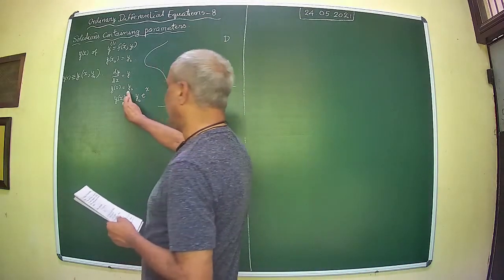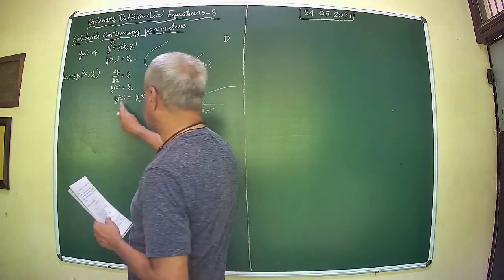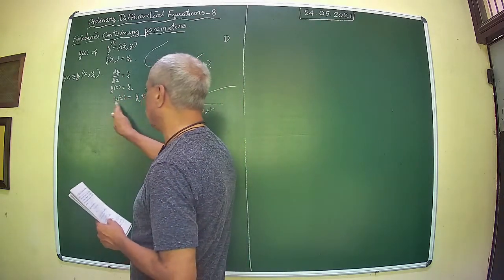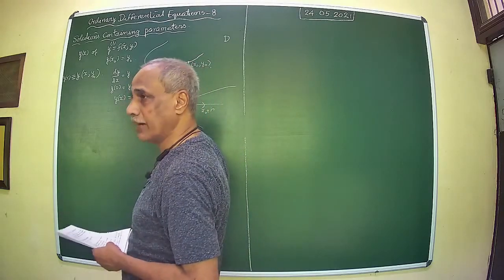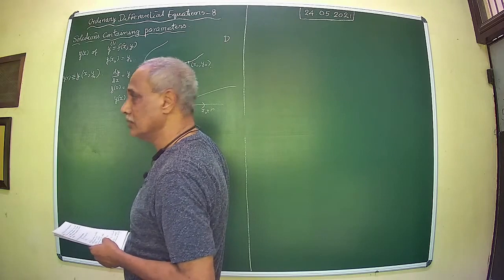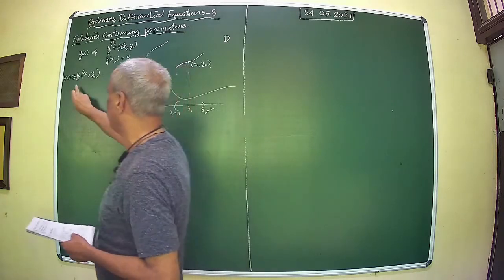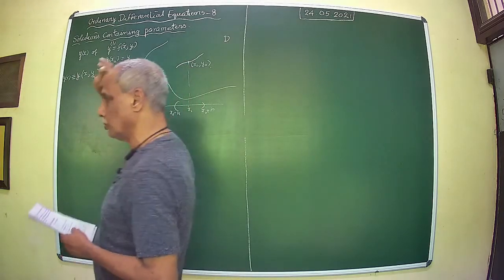Now when you change the initial data, it's the same solution, same format in which it appears, but y naught appears as a parameter. So that is incorporated in the description of the solution.